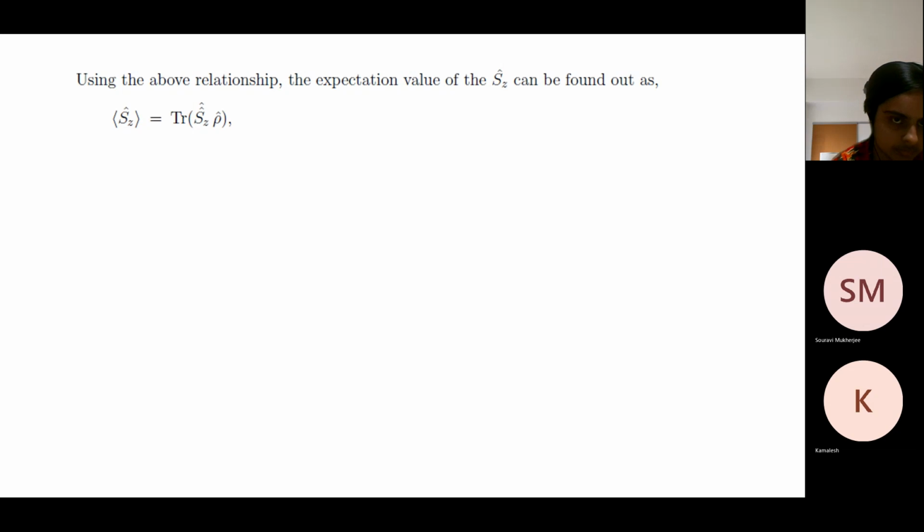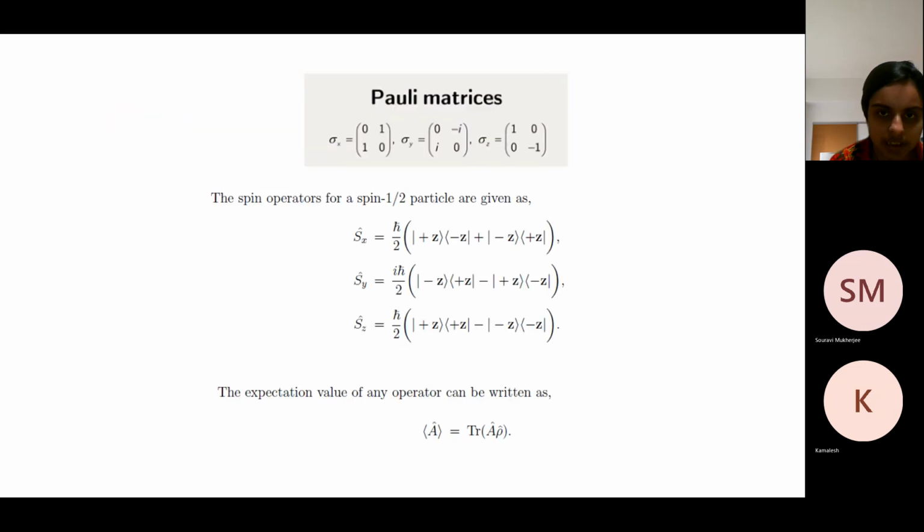So your Sz will be h cut by 2, 0, 0, minus h cut by 2. That is your Sz. And then you know rho. Rho is given by 3 by 4, 0, 0, 1 by 4, right?